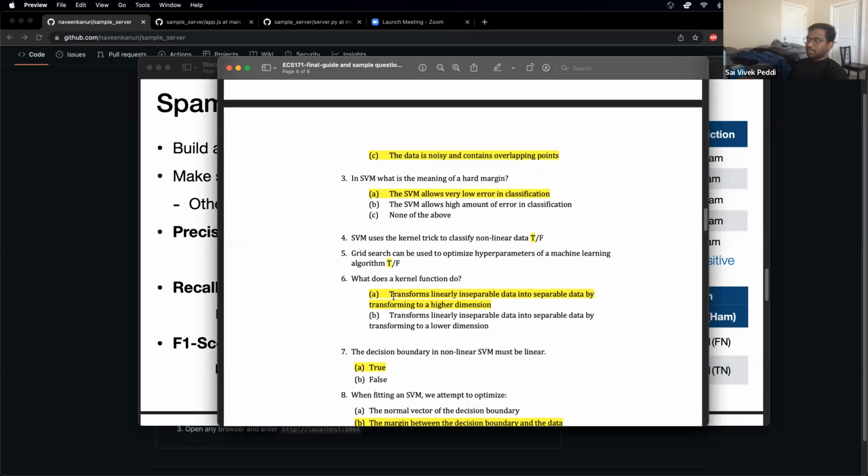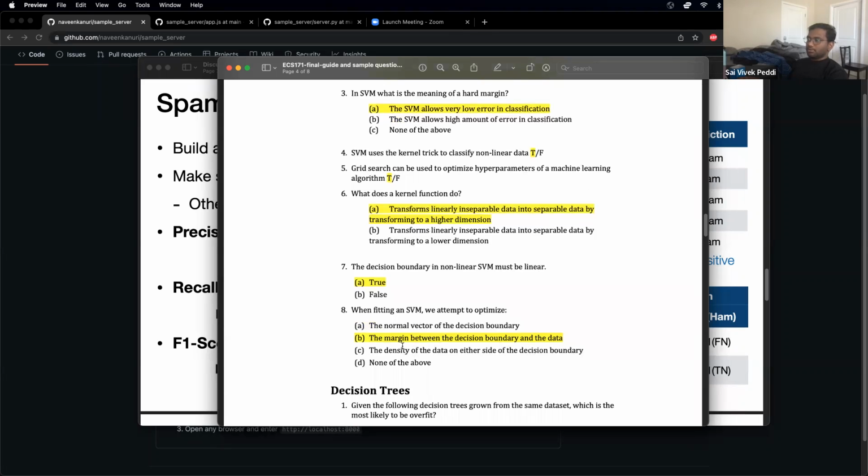What does the kernel function do? We just discussed this: it transforms data that is not linearly separable into separable data by transforming it into higher dimensions. Now, must the decision boundary in a nonlinear SVM be linear? Yes. This is also a very theoretical question. If you go through the slides, I think you'll be able to understand why the decision boundary in a nonlinear SVM will be linear.